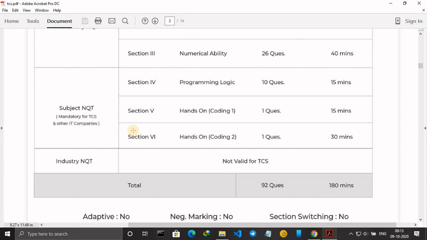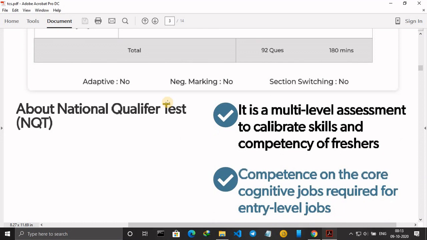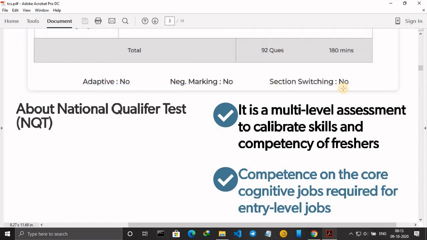If you want to get a job in TCS and other IT companies, you have to give the subject NQT exam. There will be no adaptive or negative marking, and you cannot switch between sections, but you can switch between questions.